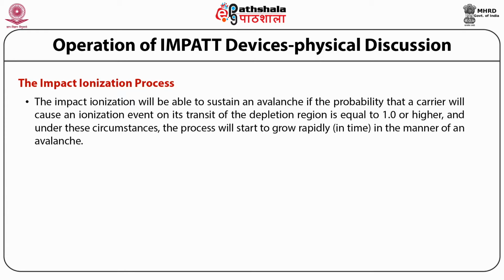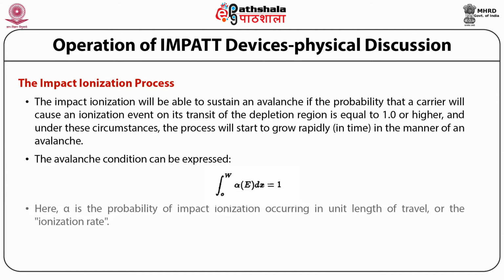So we can express the avalanche condition as the integral from 0 to W of alpha(E) dx equal to 1. Here alpha is the probability of impact ionization occurring in unit length of travel, or the ionization rate. The units are usually centimeter inverse.